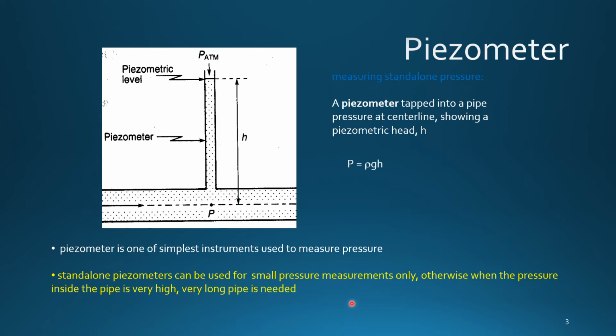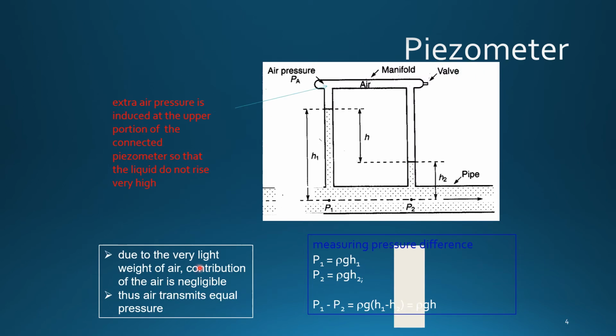So we need to have some other kind of system to measure the pressure, and that is where a different kind of measurement system, the differential piezometer, comes in. This differential piezometer can be much smaller.